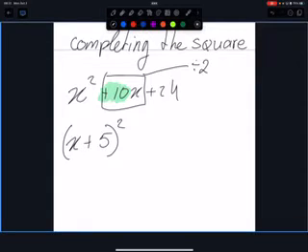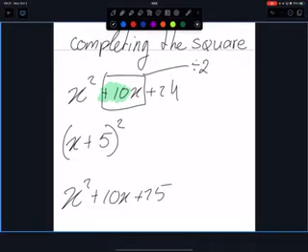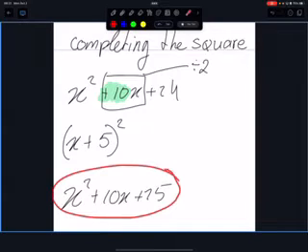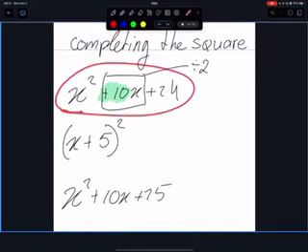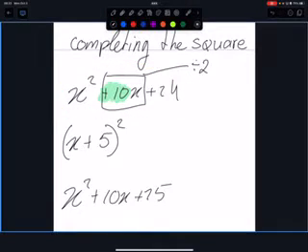Now, you know what is x plus 5 squared. That is x squared plus 10x plus 25. You know that. It's a special product. Now the question is, I do not have x squared plus 10x plus 25. I have x squared plus 10x plus 24. So what do we do then? We subtract the number we do not need.